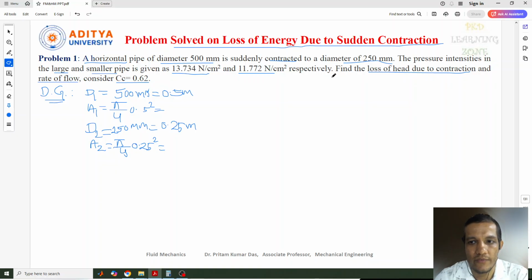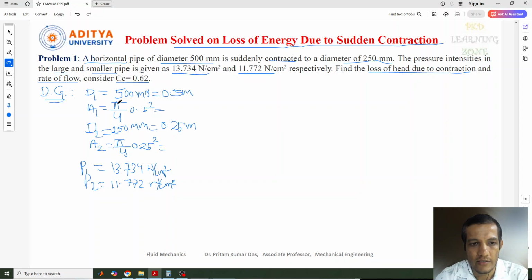Now the next value given is the pressure intensity at the larger pipe, so we write P1. This is given as 13.734 Newton per centimeter square. Similarly, the pressure intensity in the smaller pipe, P2, is 11.772 Newton per centimeter square.